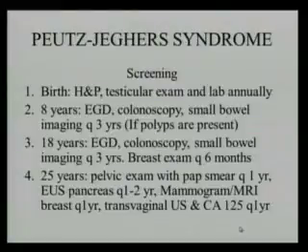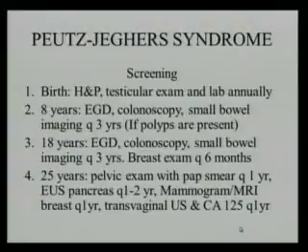So how do we screen those patients? Peutz-Jeghers has the most aggressive screening system we have, even more aggressive than FAP. We start at birth with history and physical, testicular exam, and blood work. At the age of 8, they start having EGD, colonoscopy, and small bowel imaging.